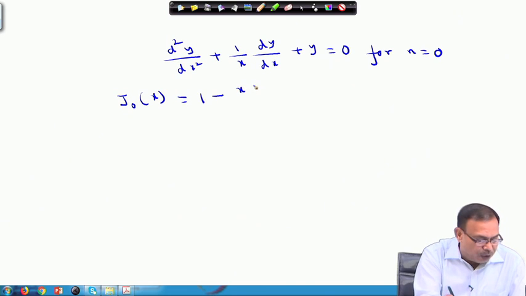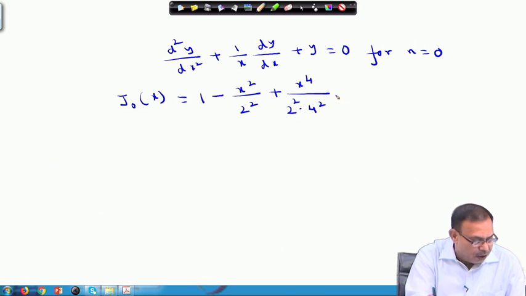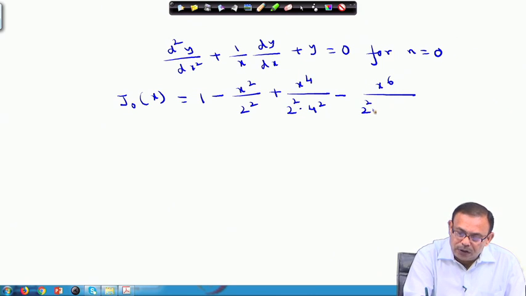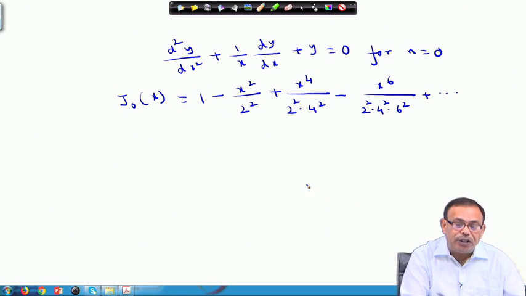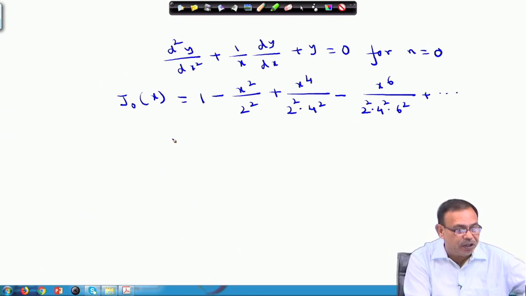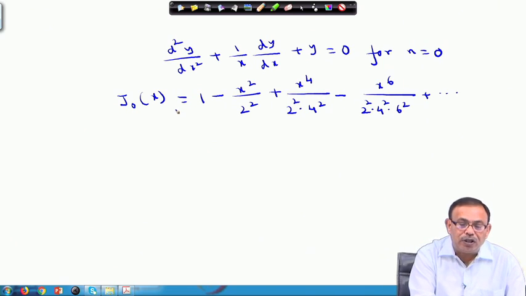This will be equal to 1 minus x square by 2 square plus x to the power 4 by (2 square into 4 square) minus x to the power 6 by (2 square into 4 square into 6 square), and it goes on like this, where J 0 x is known as the Bessel function of order 0.